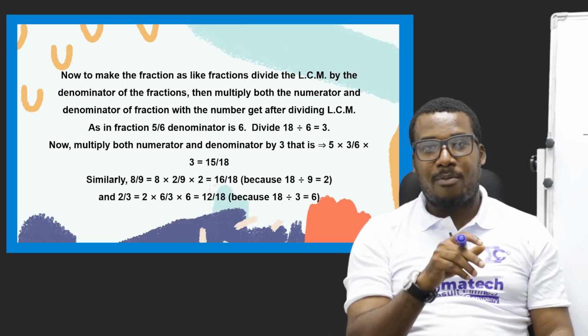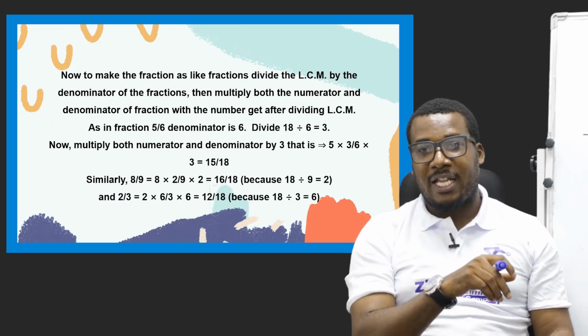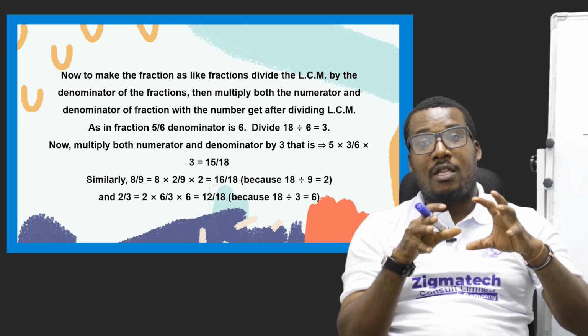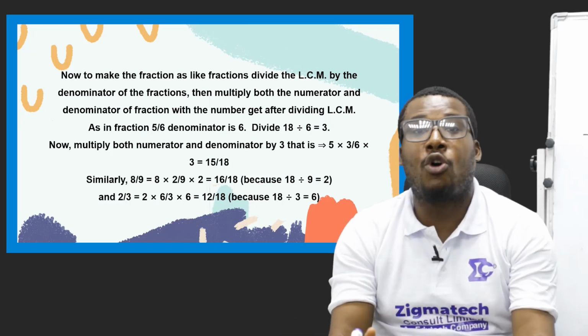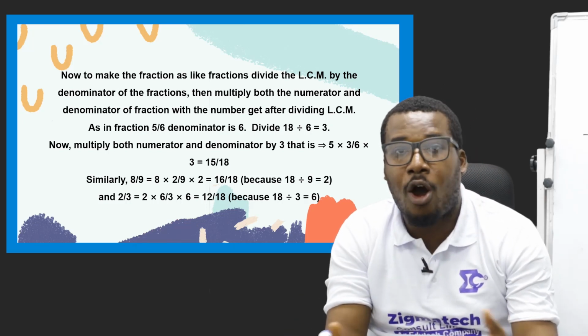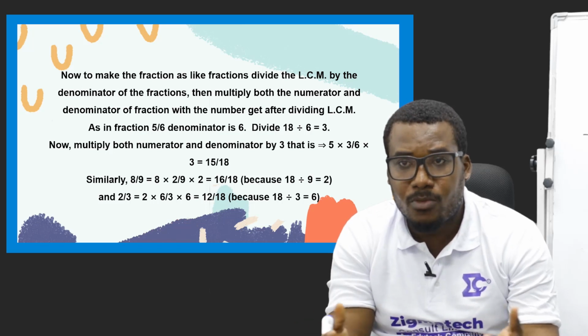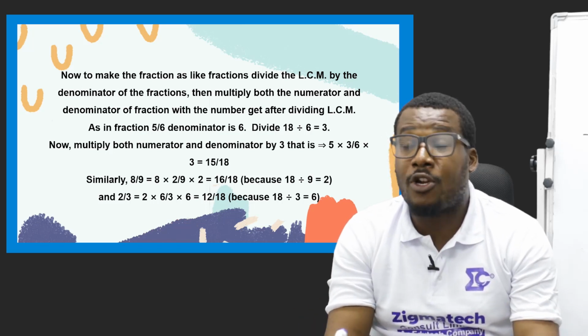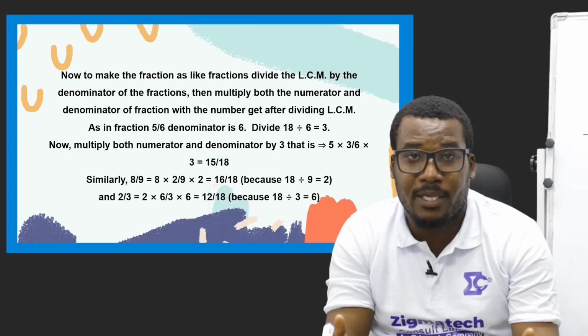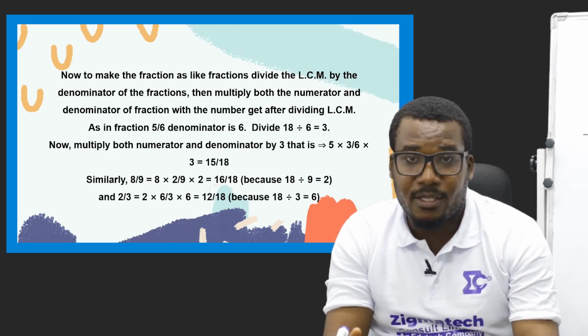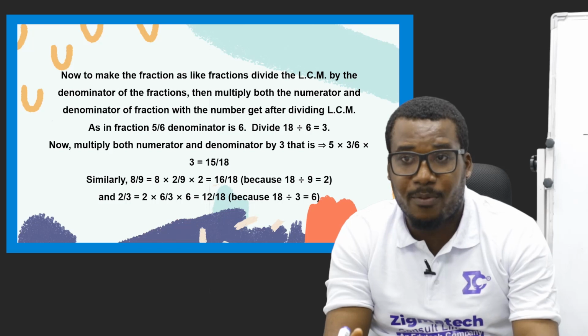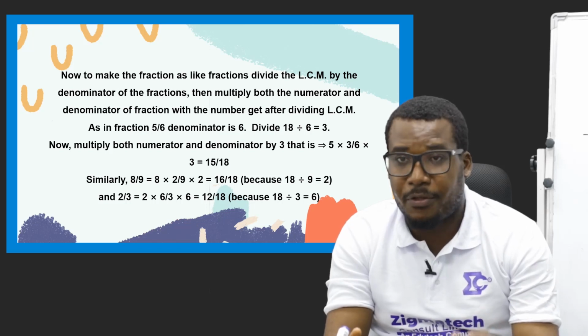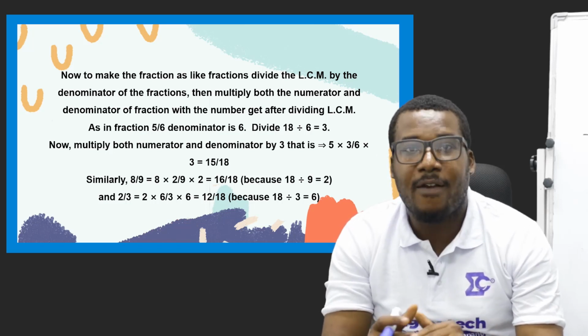Use the LCM gotten. For example, you use 18, and you use 6, because the 18 can go into all three of them. All three fractionable numbers can work with 18. The denominators especially, which are 9, 6, and 3, can all work with 18 very well.